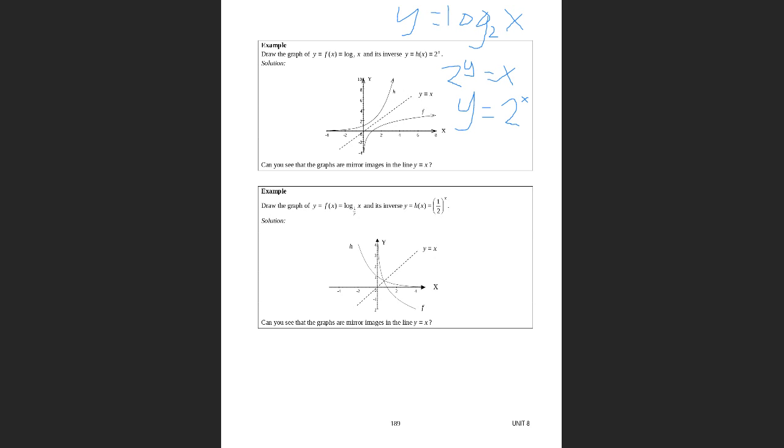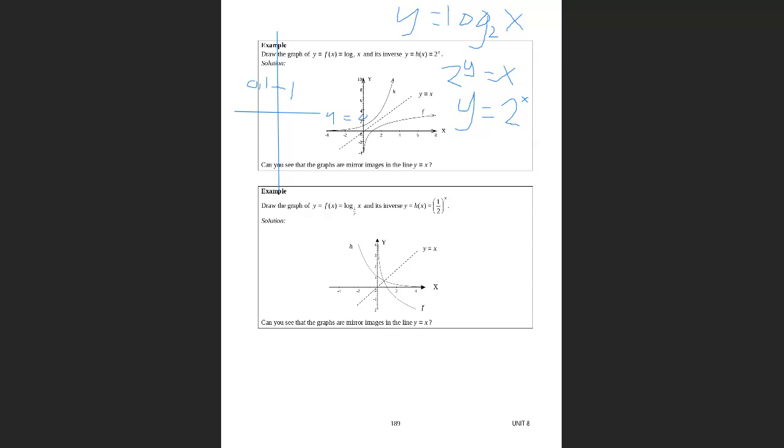So if you know the original function, my original function here passes through 0 and 1. Then my asymptote is y equals 0.